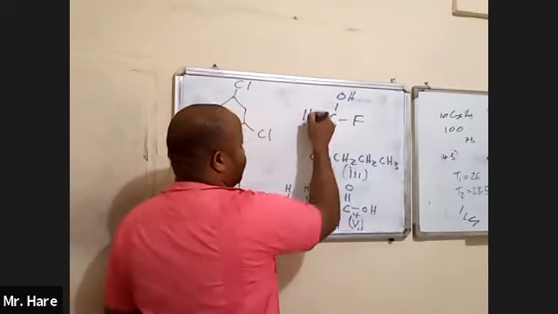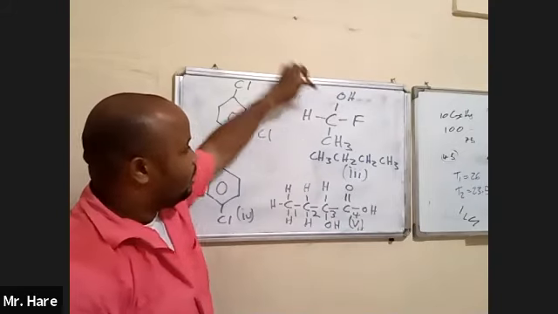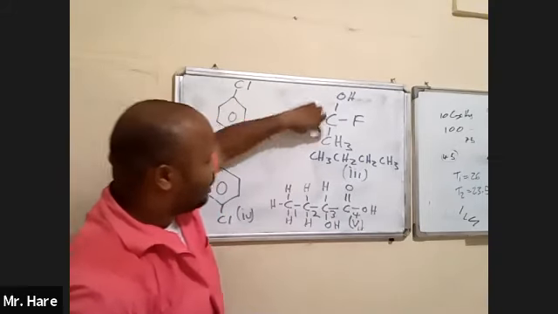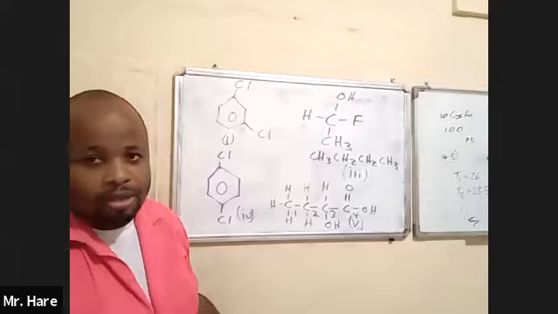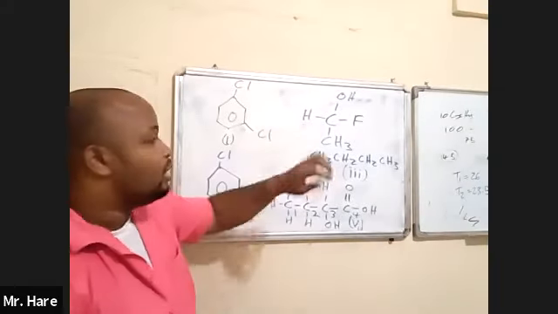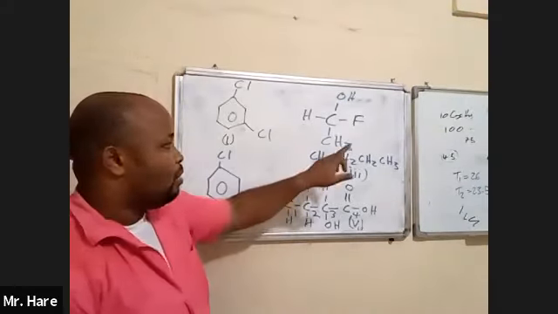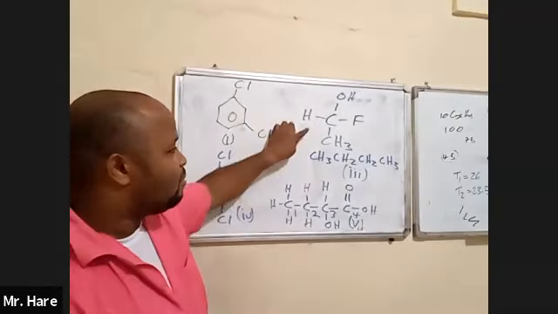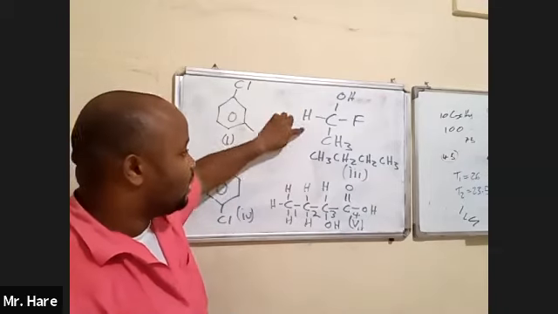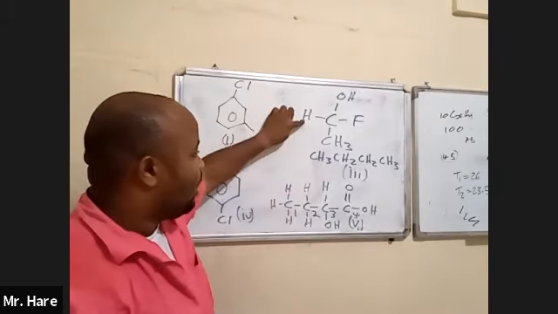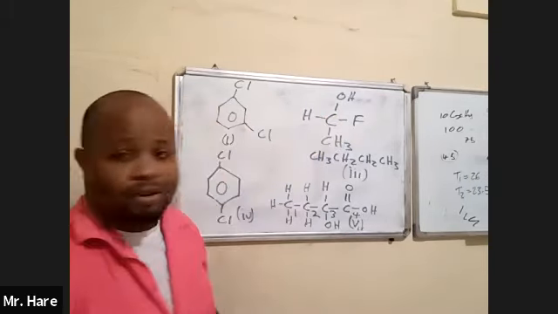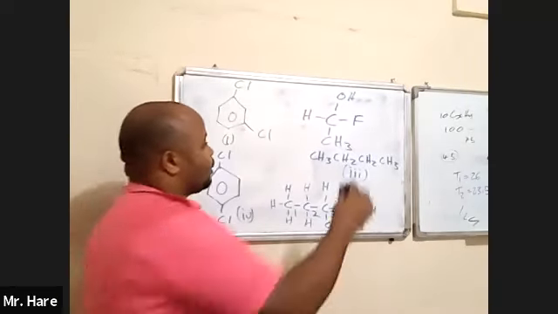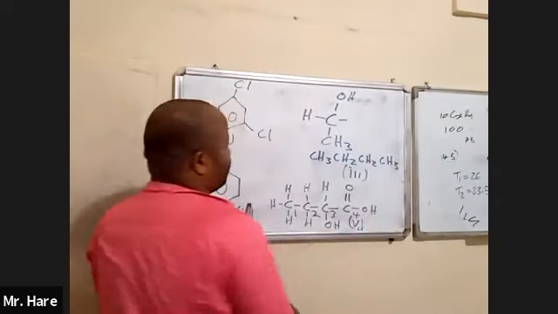This carbon atom has 4 different things attached to it, so it is chiral. However, it doesn't have to be as simple as this, with a hydrogen here and a fluorine here. Let me show you something.